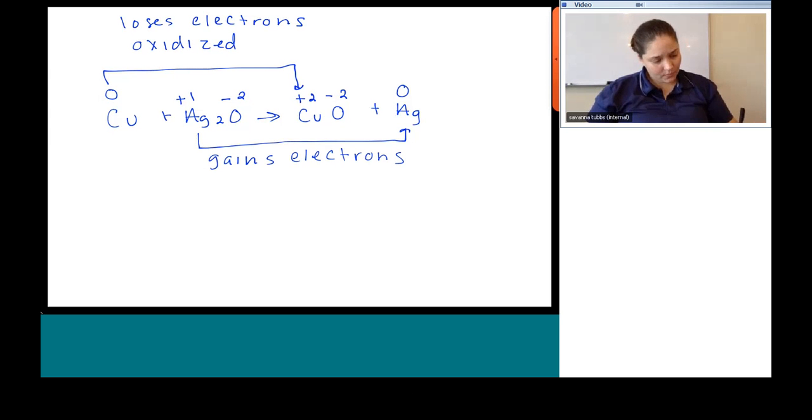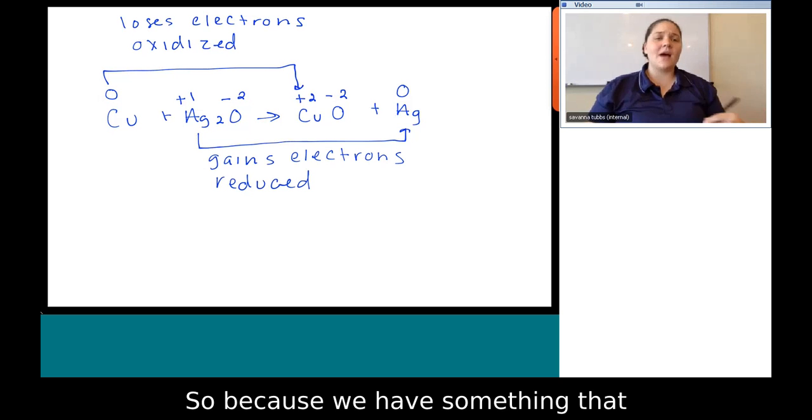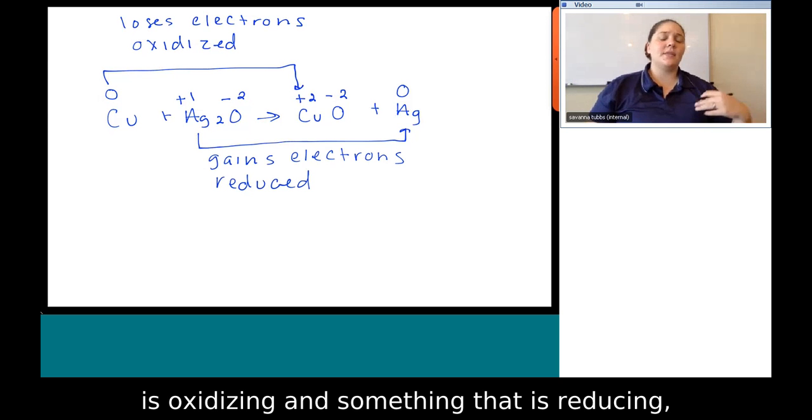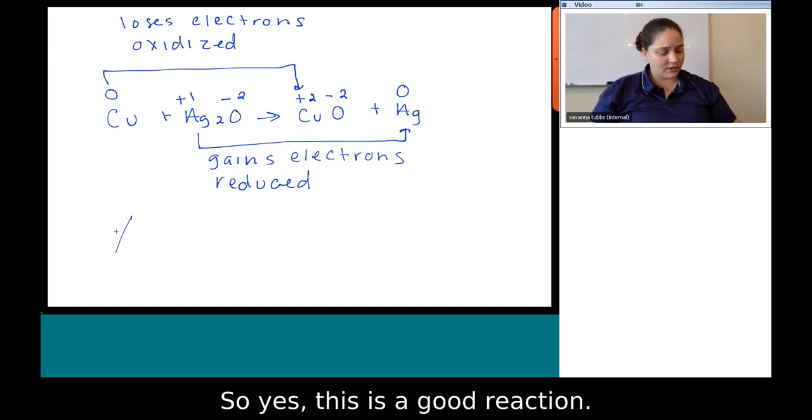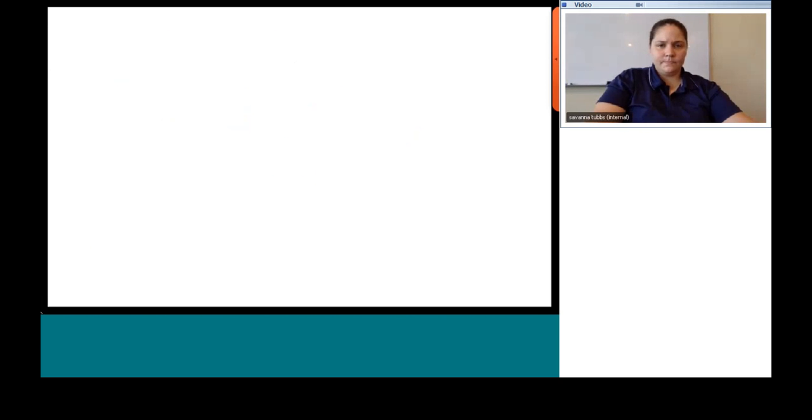So it's reduced. So because we have something that is oxidizing and something that is reducing, yes, this is a redox reaction.